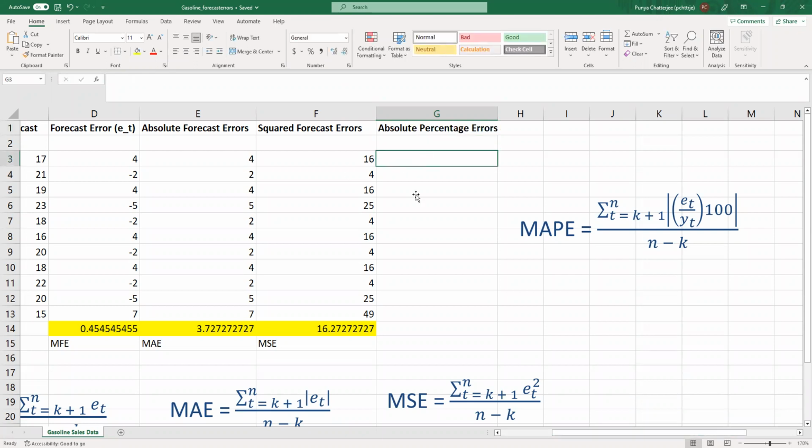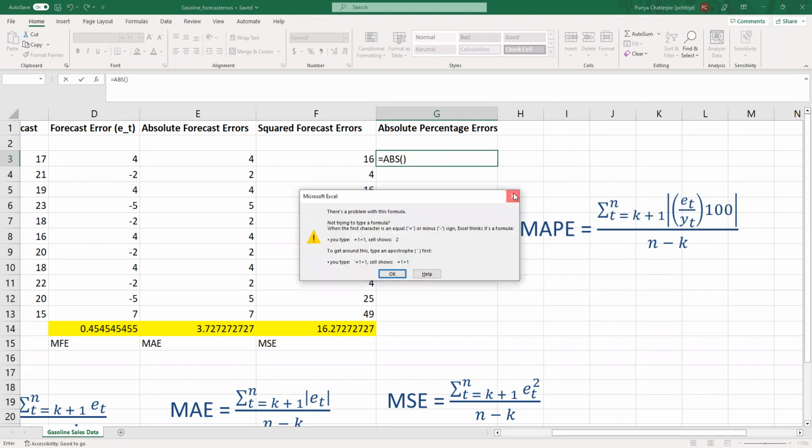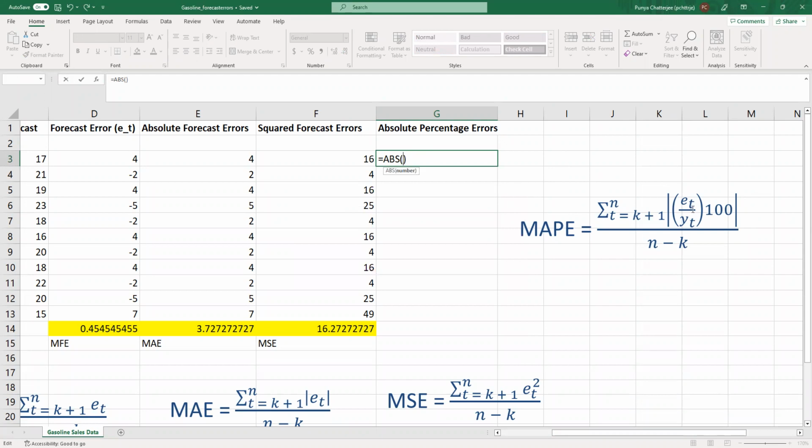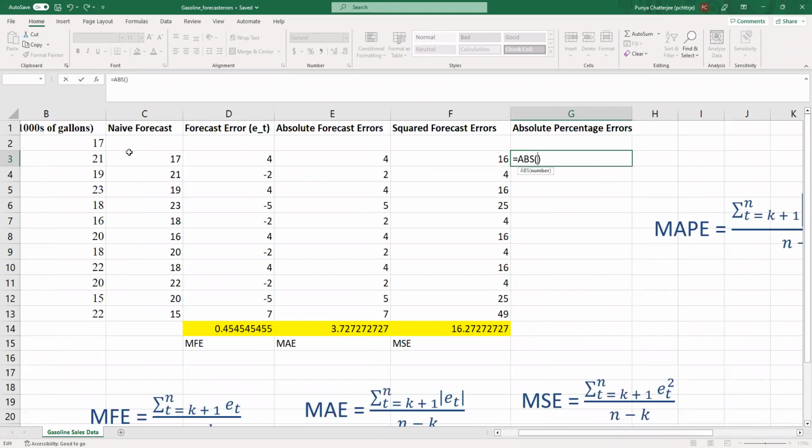All right, so let's create that. So equals, so first the absolute sign, right? So we're going to start with the absolute function, ABS. Inside I need the error divided by the data itself, right? So let's see. Here is the forecast error divided by the data itself.